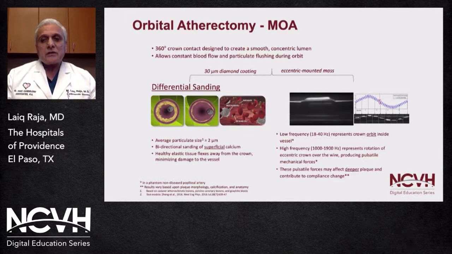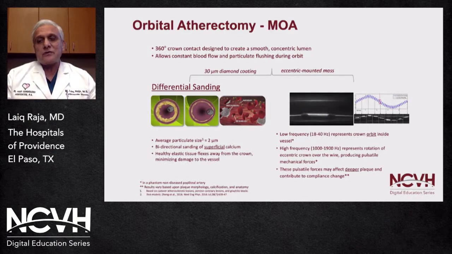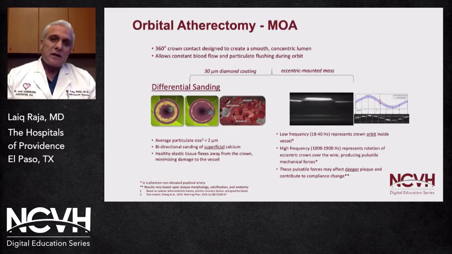So not only that, with increased RPM, you can get a better lumen. It also can cause a deeper impact on the deeper calcifications to create cracks, which obviously can lead to a better compliance.